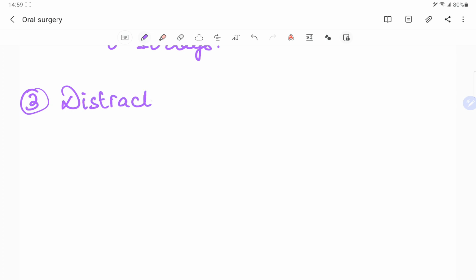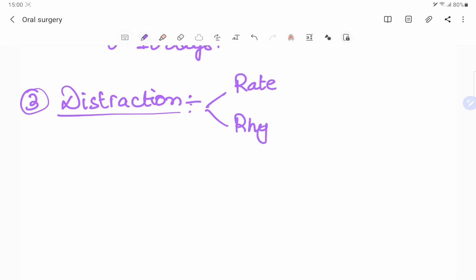So, distraction is the time period when we start distracting the two bony fragments. So, this is the gradual, incremental traction of the bone. There are two things, one is rate, another one is rhythm. Rate is the amount of distraction which we are doing in a single day.